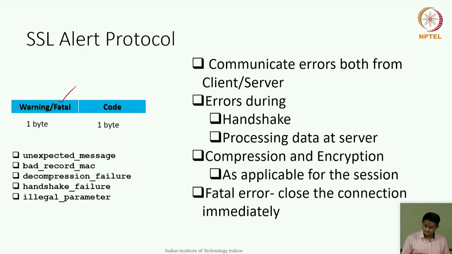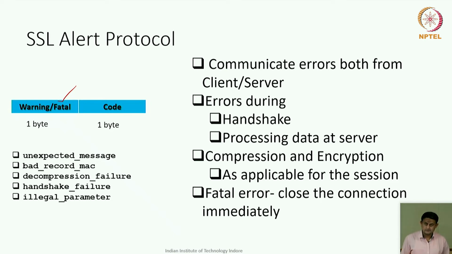And the important thing is, these alert protocol messages are 2 bytes. The first byte indicates what kind of error or message it is, and the second byte has a code. That code is taken and interpreted, telling you what you need to do with respect to the existing connection.